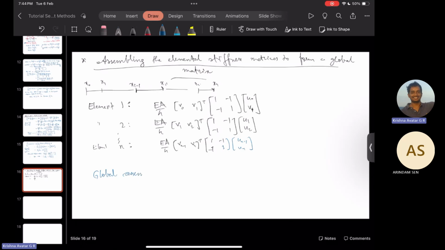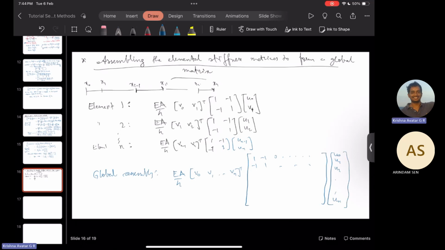Global assembly will have EA by H, and then this will contain V naught, V1 till Vn transpose. And here let's start. We'll have 1 minus 1, minus 1 1, and the rest zeros. Since we are having here U naught, U1 to Un.